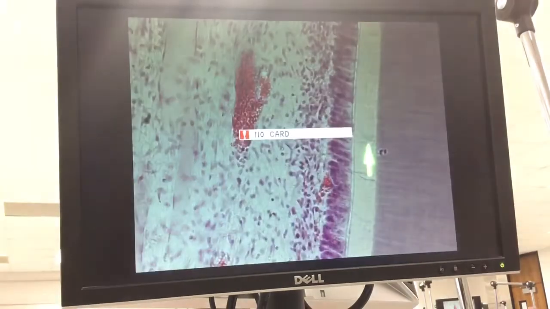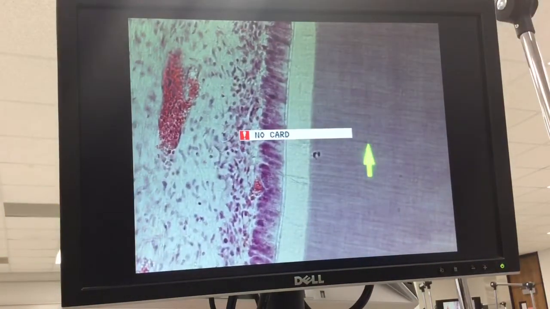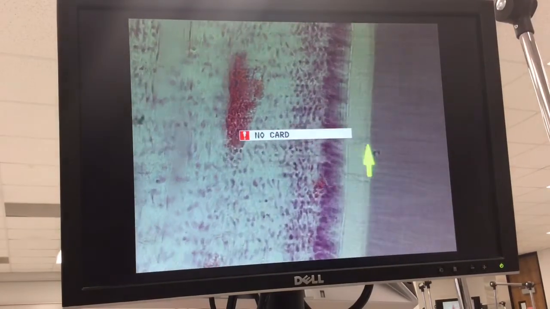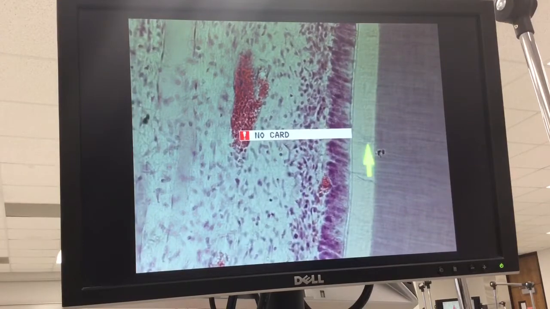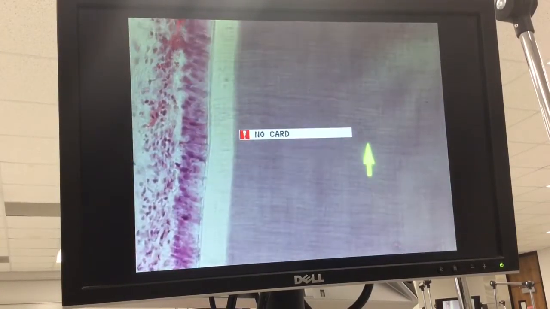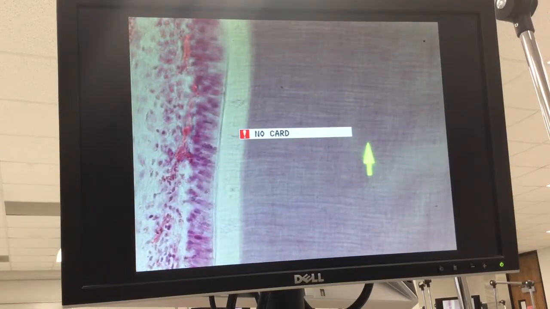So there's the predentin, dentin, and again there are the odontoblasts. And it looks like we have a few cracks in this slide. And just make out those lines of von Ebner. They will show up better on some slides than other slides.